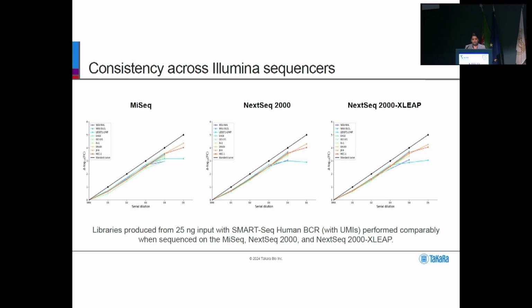Illumina also did 25 nanogram libraries comparison on MiSeq, NextSeq, and NextSeq XLeap, and the sensitivity across all 3 platforms is very similar, which shows that the assay is agnostic to the sequencing platforms.